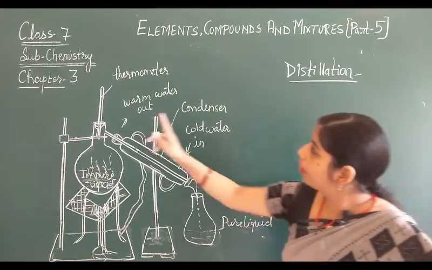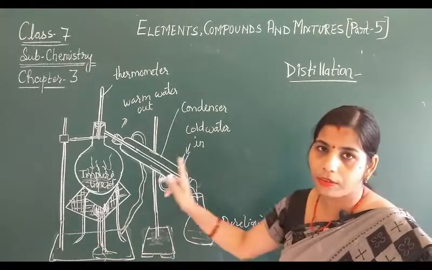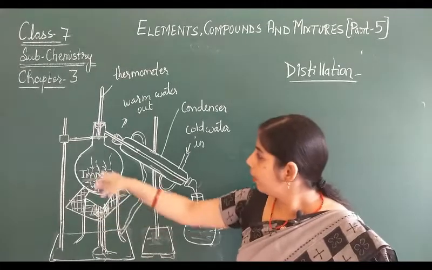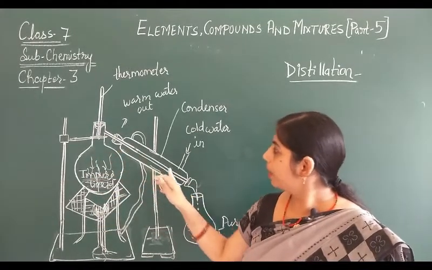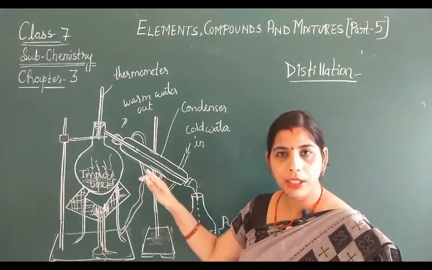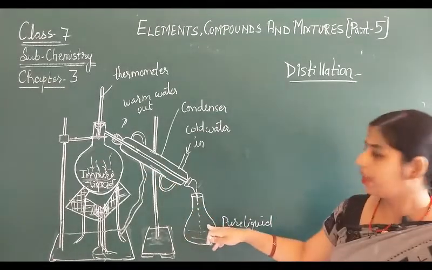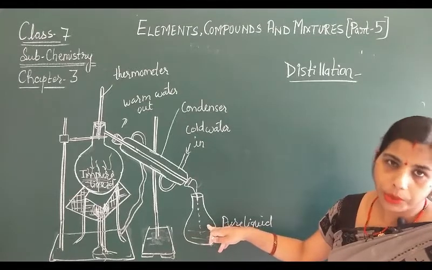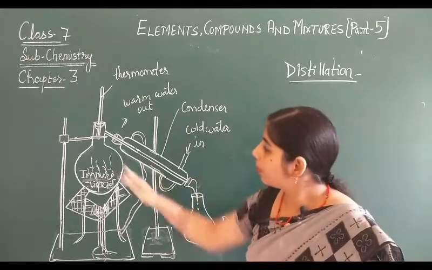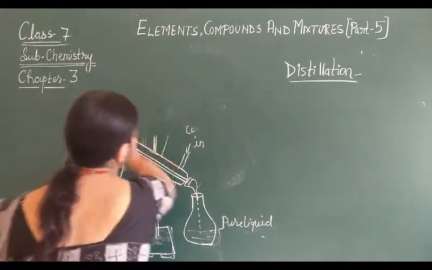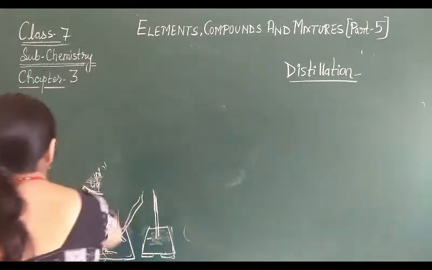That means this is the complete setup for the process of distillation. The mixture is heated in the flask, the vapor comes to the condenser, in the condenser the vapor completely cools down, and the pure liquid is obtained in the conical flask, also known as the receiving flask. So this complete process of distillation takes place inside the laboratory.